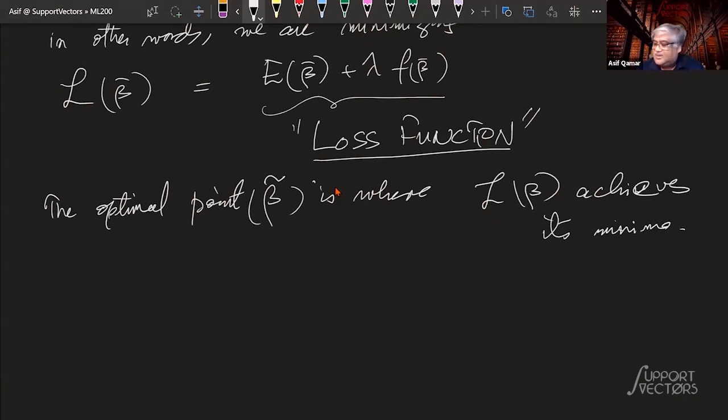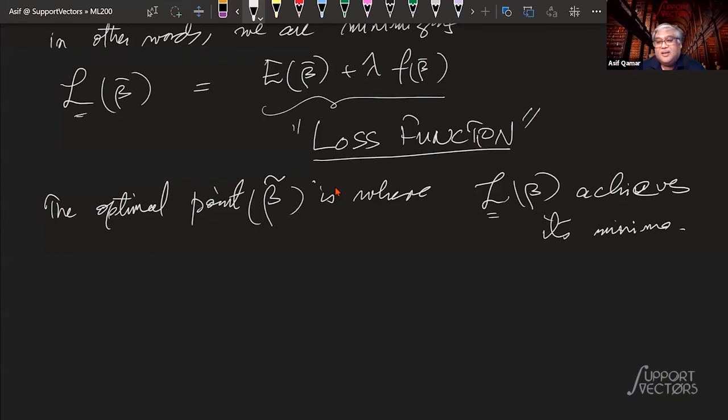By the way, do you notice that I'm using a very scripted L? I'm not just writing it like L beta. It is much more common to use this calligraphic L for the loss function. Mathematicians tend to use the calligraphic L. If you use just ordinary L, that too is used, but more common is the calligraphic L for the loss function. Loss function is one of the most important constructs in machine learning.